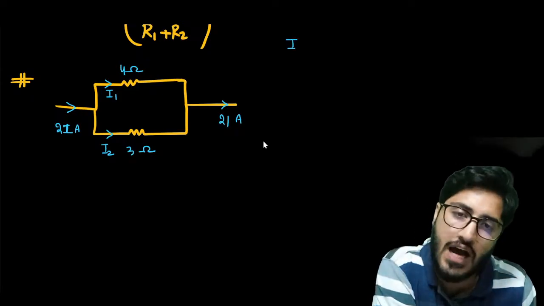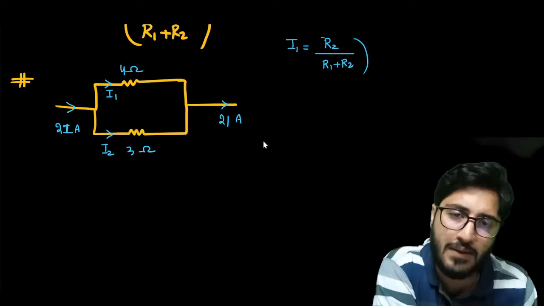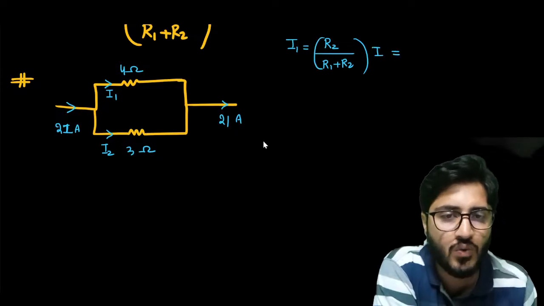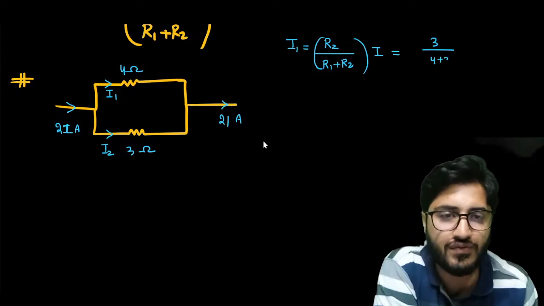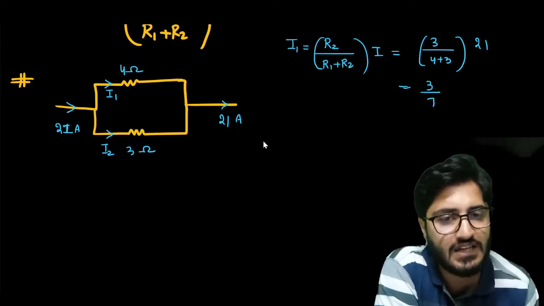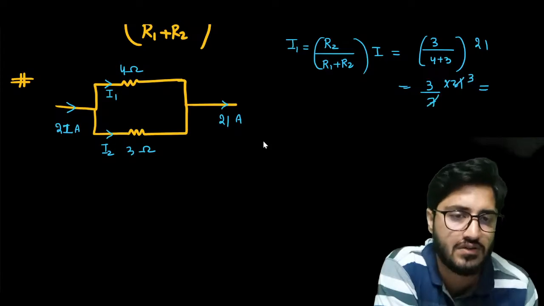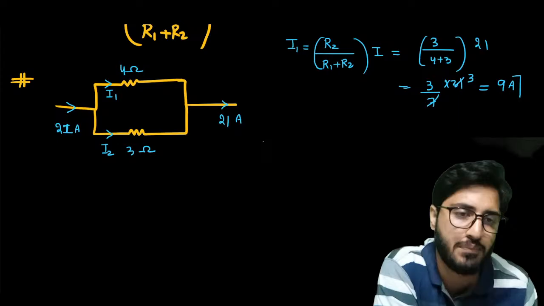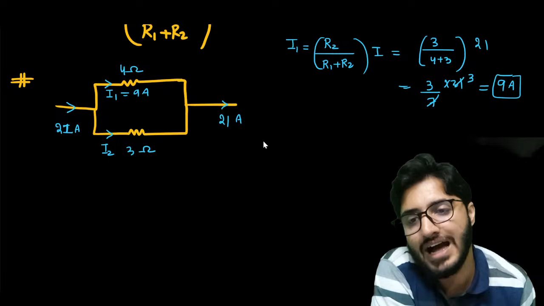For I1, I know the relation: it is R2 divided by R1 plus R2 multiplied with I. R2 is 3, divided by 4 plus 3, and I is 21. So 3 divided by 7 into 21: 7 3 21, 3 3 is 9 ampere. So through this one, it is 9 ampere.